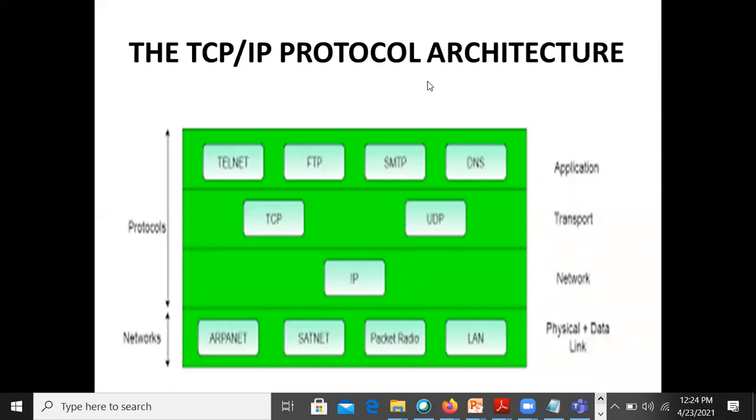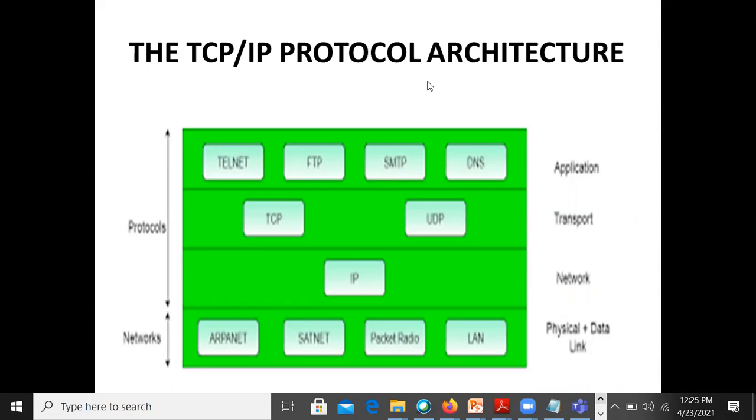For these operations you need to develop code, so that software is organized in different modules. Each module handles one functionality, and these modules are in a layered manner, as I told you. That's why it is called layered architecture, protocol layers.